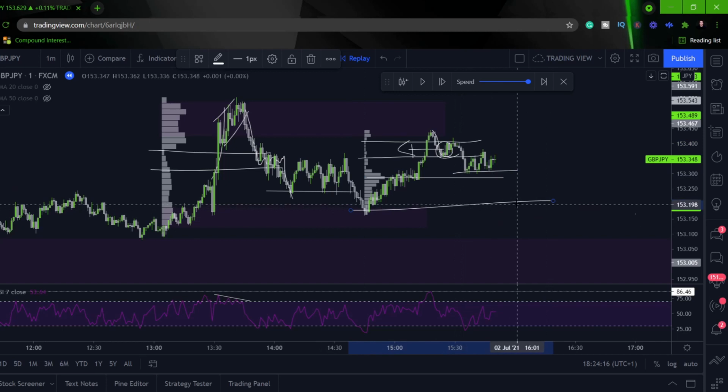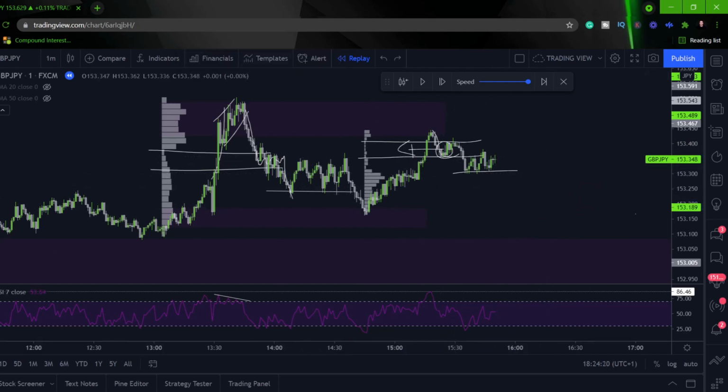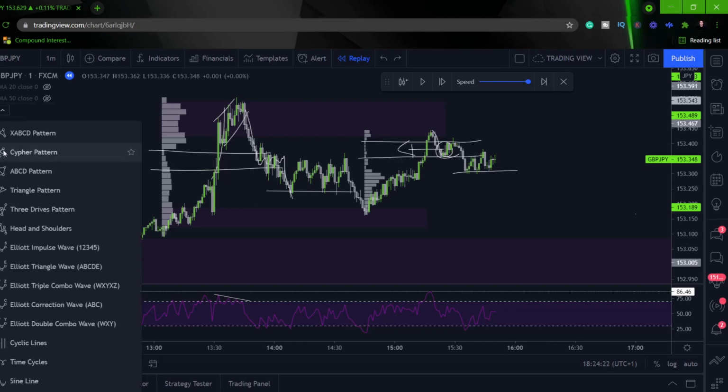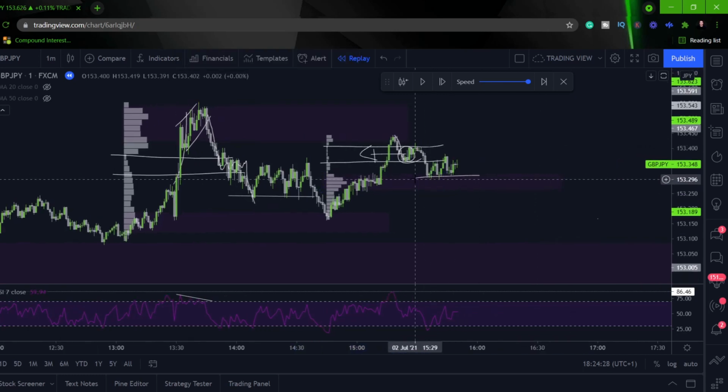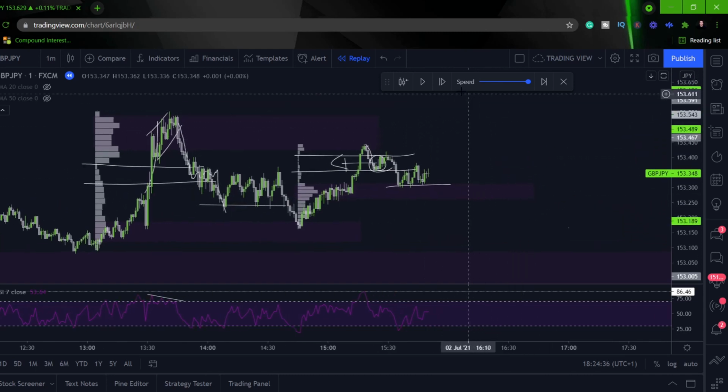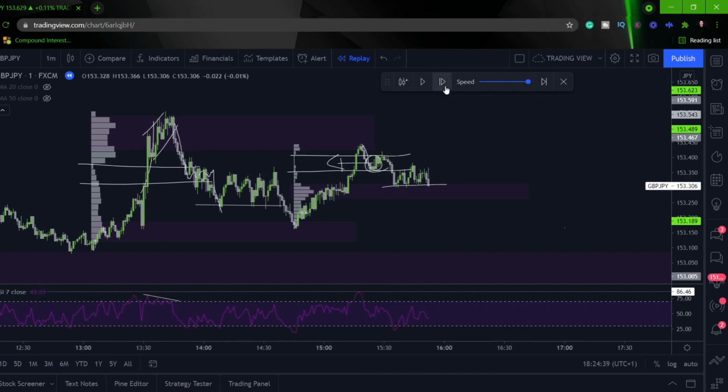Not necessarily a demand zone, but we've had a lot of orders generated through there. We've got liquidity being generated through here, so we may see a pushback down, some distribution, some accumulation before we see higher prices, if this is not already the accumulation, right?